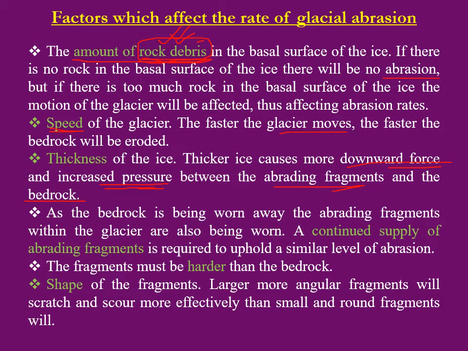Fourth, as the bedrock is being worn away, the abrading fragments, that means the eroded rock debris within the glacier, are also being worn. These eroded fragments are taken within the glacial ice mass and carried further downslope. So a continued supply of abrading fragments will be required to uphold a similar level of erosion.